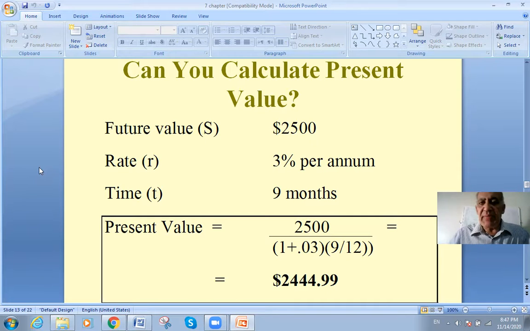If I tell you, as an example, a price of a car after 10 years will be 5,000, what's its price now? Then you need to bring the present value. But if I tell you, you took a loan now of 10,000 and you want to know the value of this loan after 10 years, how much you will pay to the bank, the loan plus the interest, then this will be the future value.